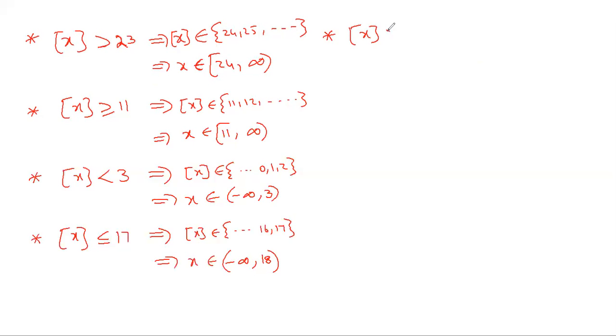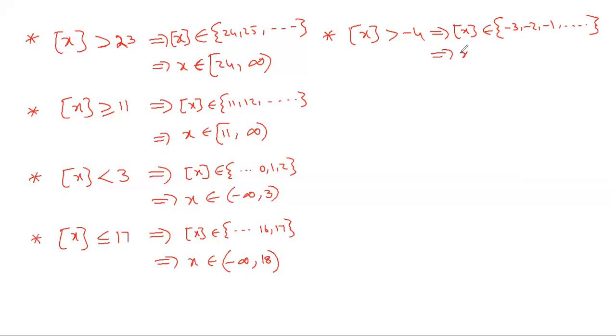Suppose integral part of x is greater than minus 4. Then integral part of x belongs to all of the positive numbers and then up till minus 3. So minus 3, minus 2, minus 1, and so on.